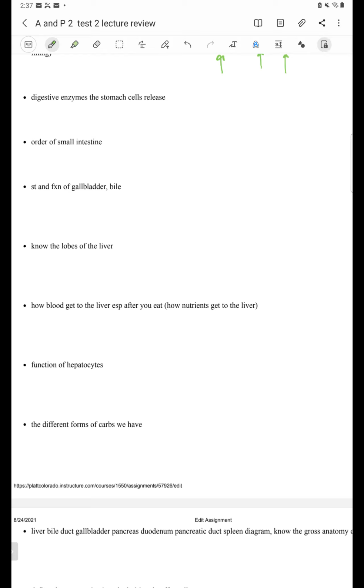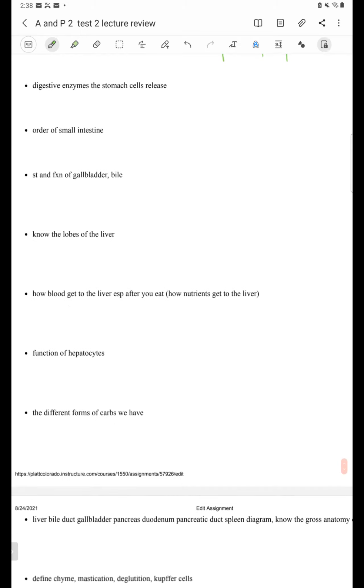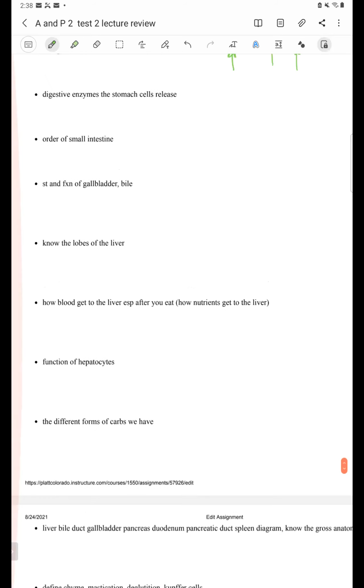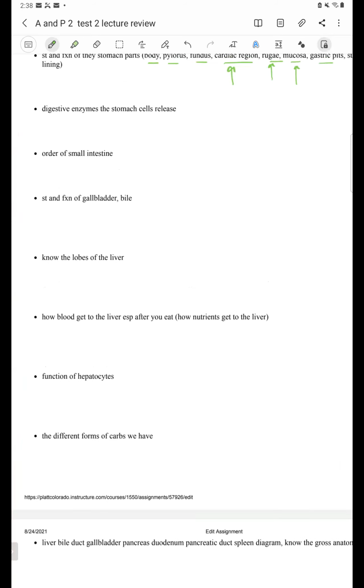Hydrochloric acid and intrinsic factor come from the parietal cells in the stomach. Another example would be your chief cells. They release the pepsin, and the pepsin eventually will help you digest your proteins.